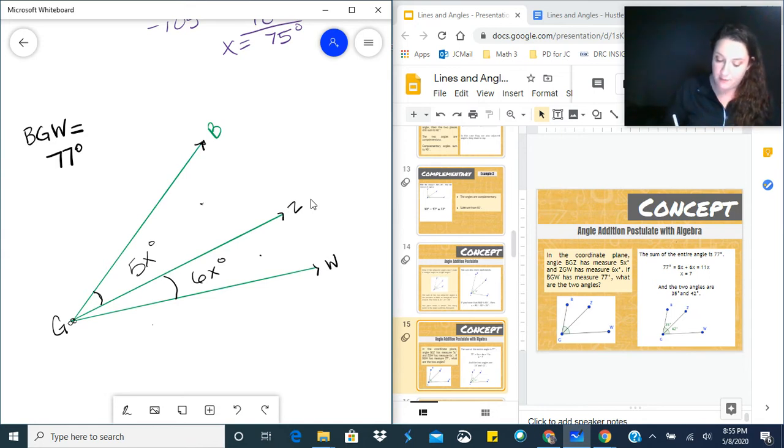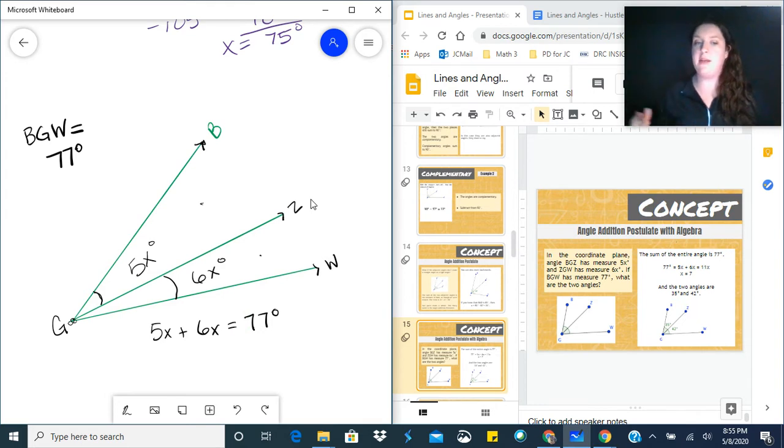So 5x plus 6x equals 77 degrees. Now we're just solving for x. 5x plus 6x is 11x equals 77 degrees.